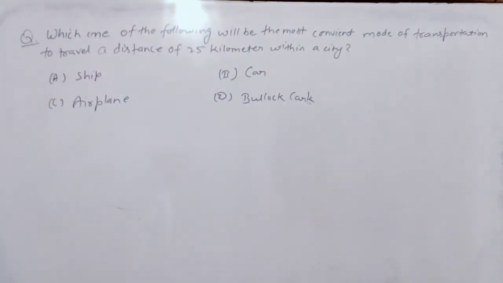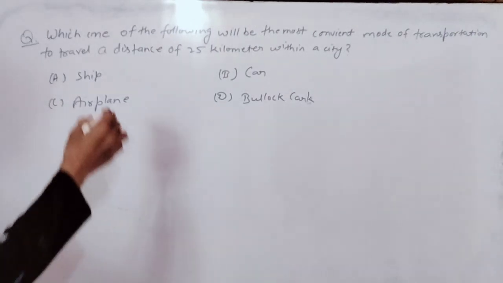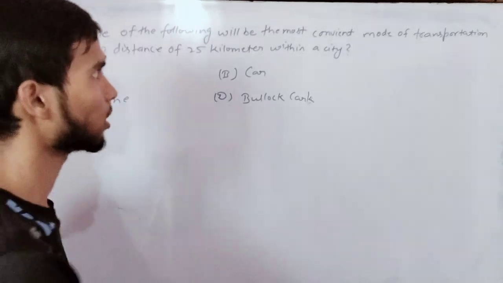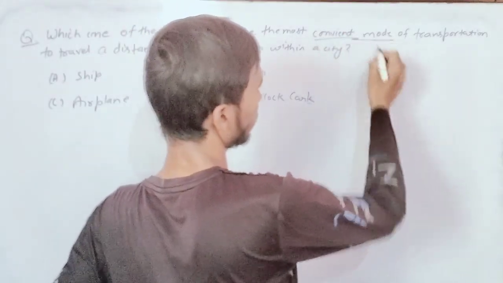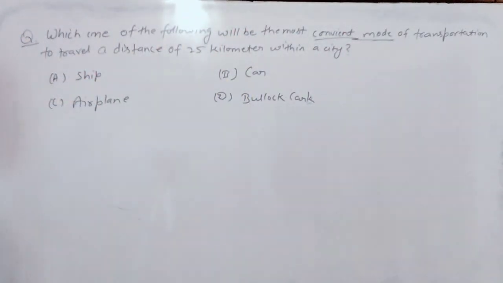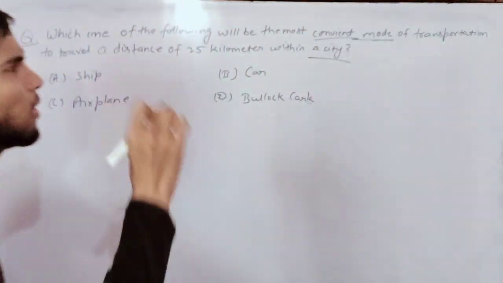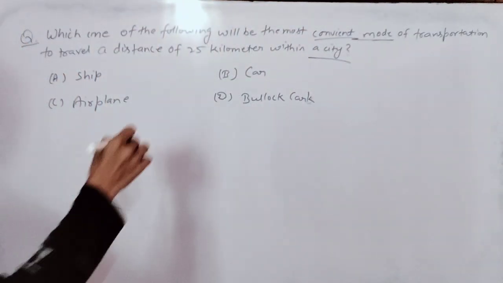Here, which one of the following will be the most convenient mode of transportation to travel a distance of 25 kilometer within a city? We only want to travel 25 kilometer.